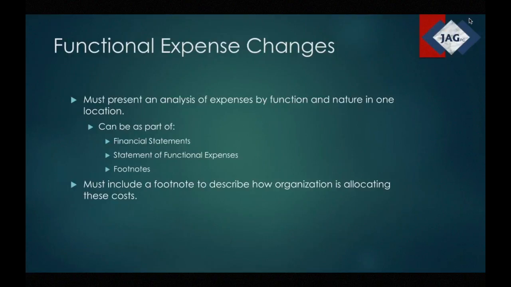For instance, we allocate rent expense based upon square footage of the programs versus the admin staff, and we allocate internet usage based upon the amount of program versus non-program staff. You're going to have a written policy, and then you're going to be able to prove that that's how you're allocating those expenses.